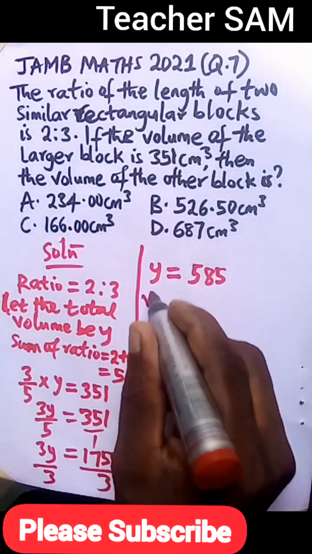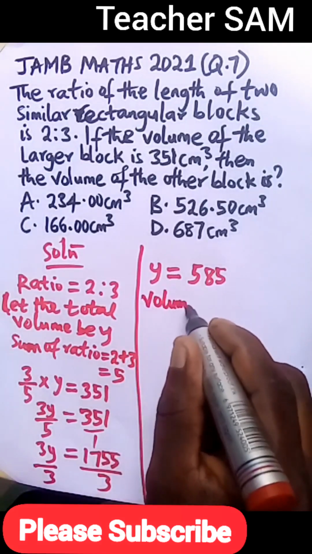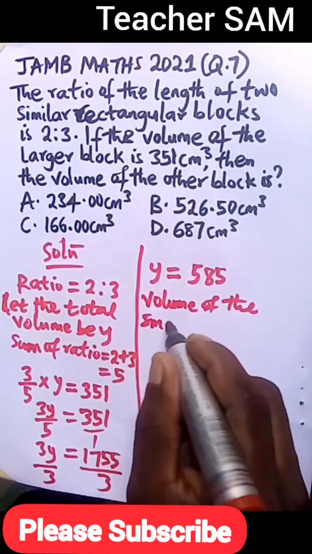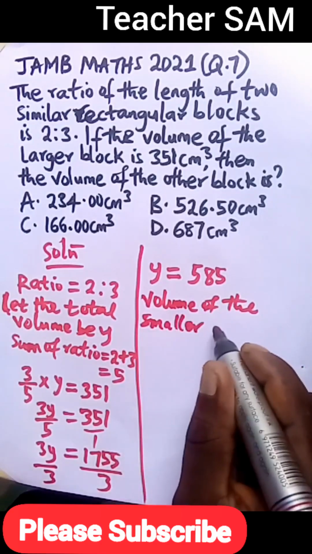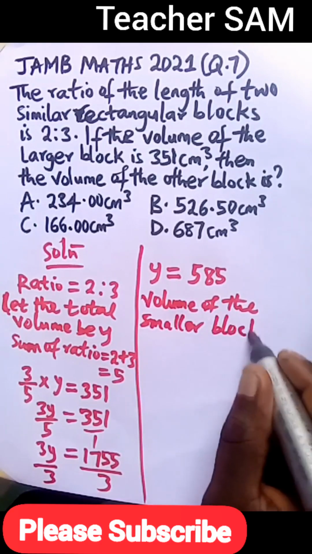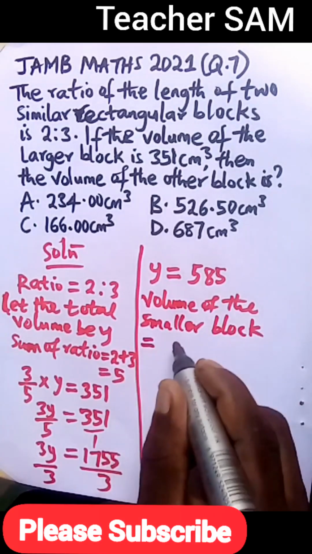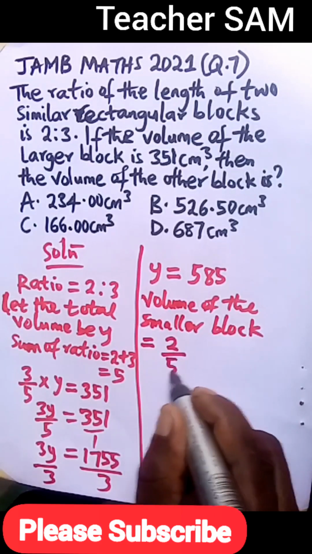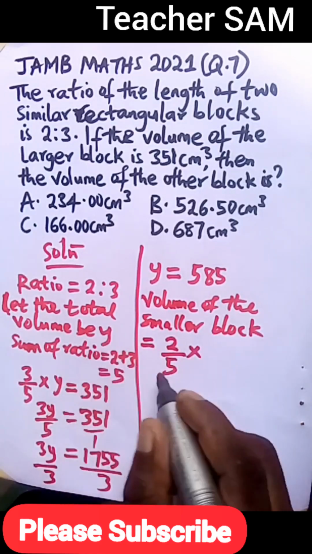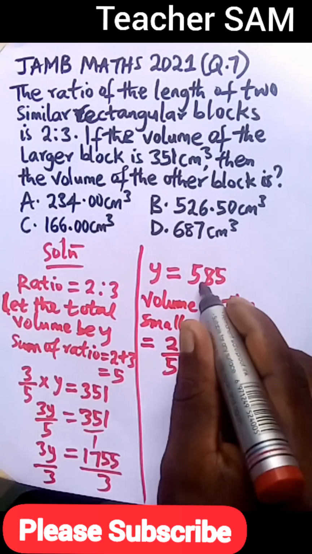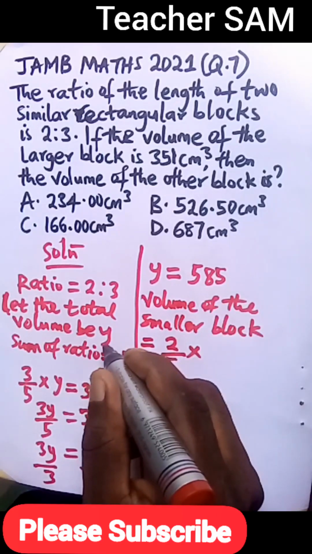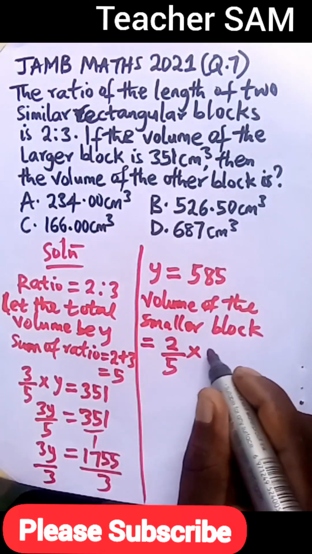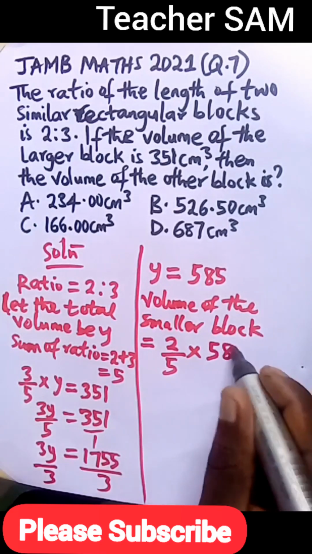So the volume of the smaller block is equal to the ratio of the smaller block to sum of ratio, 5, times the total volume, which we have calculated. Now the total volume, we assigned y to be the variable. Now we got the value of y to be 585.